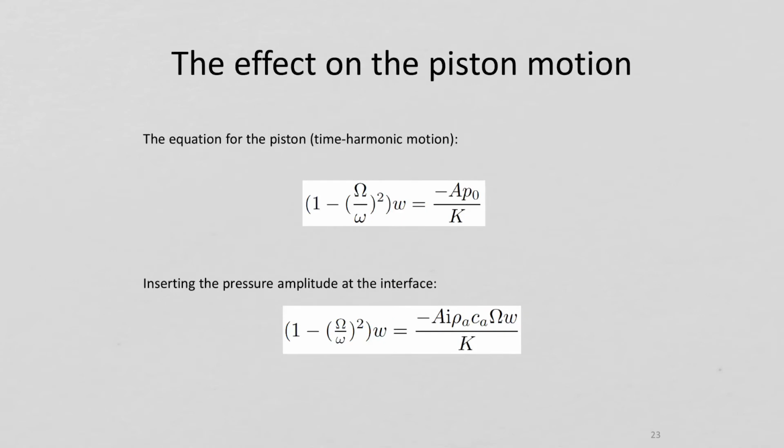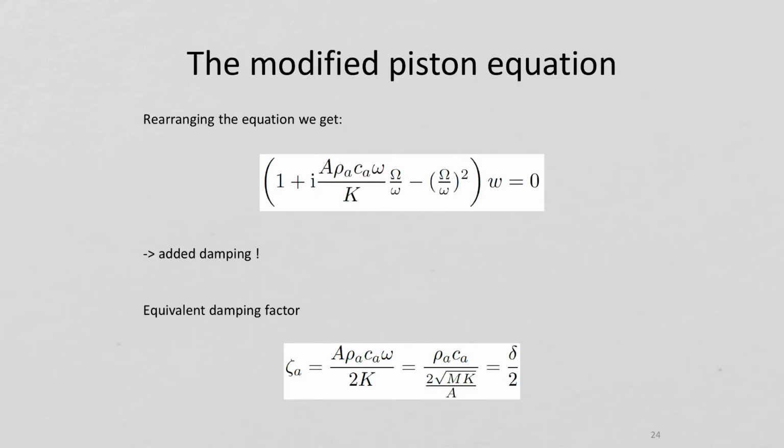If we then insert this new solution into our equation for the piston for the time harmonic motion, we get the second equation here on the slide. Moving around a bit, we can express our equation in this form.